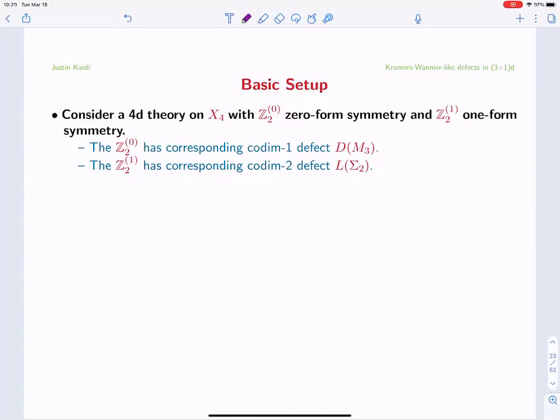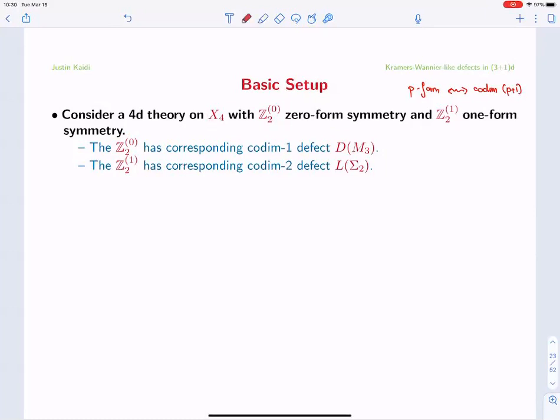Now, by the general philosophy that we've been exploring thus far, we know that a p-form symmetry has some corresponding defect, which is codimension p+1. And so in particular, this zero-form symmetry has a corresponding codimension 1 defect D. It's codimension 1, so it will live on some 3-manifold M3 in X4.